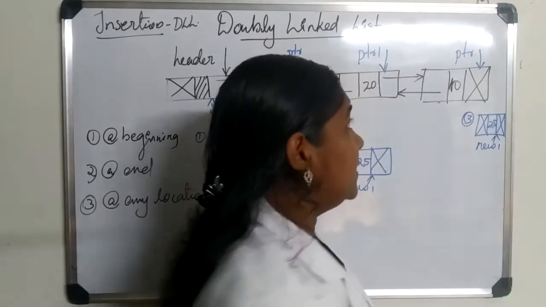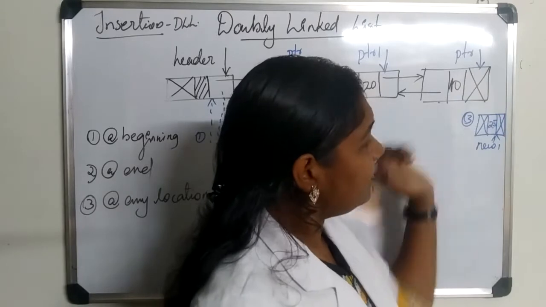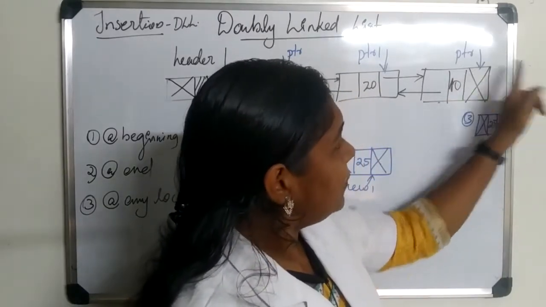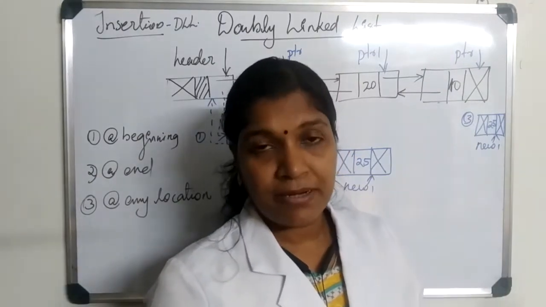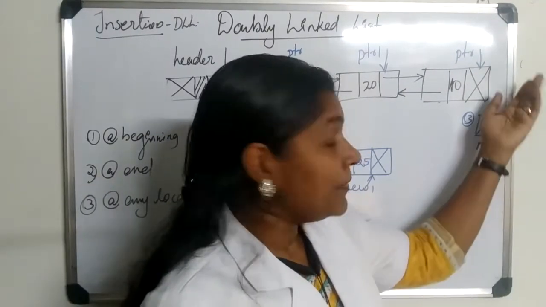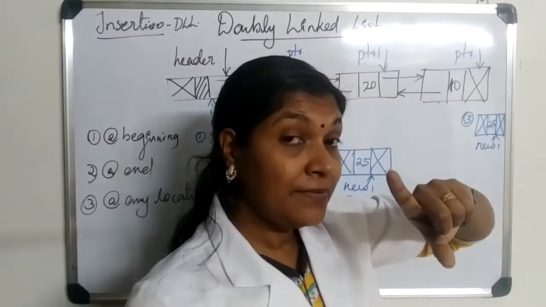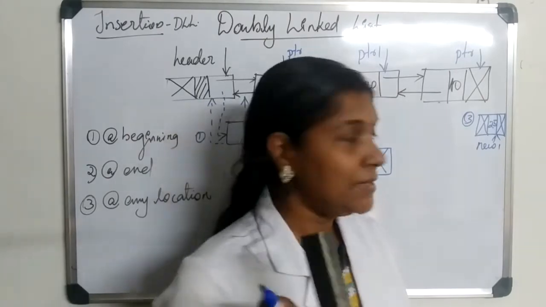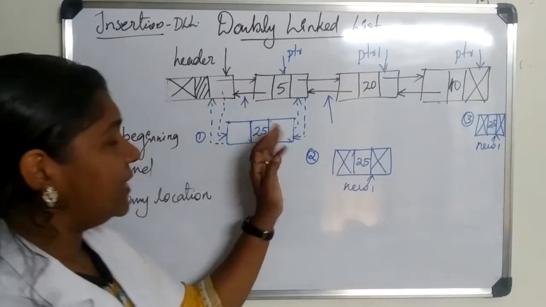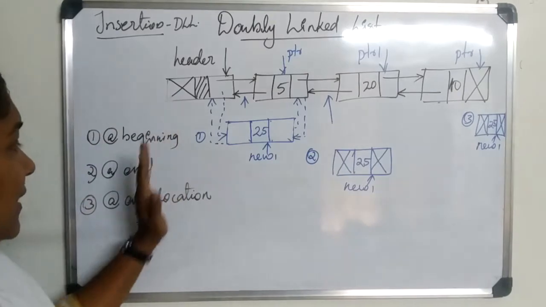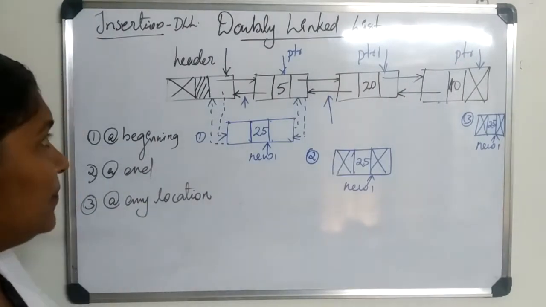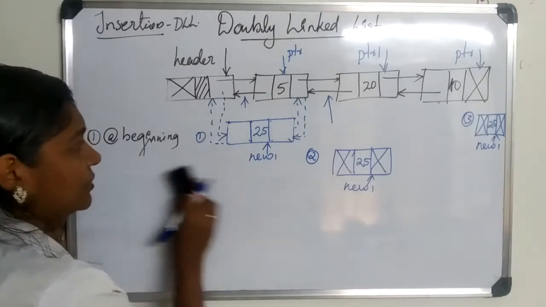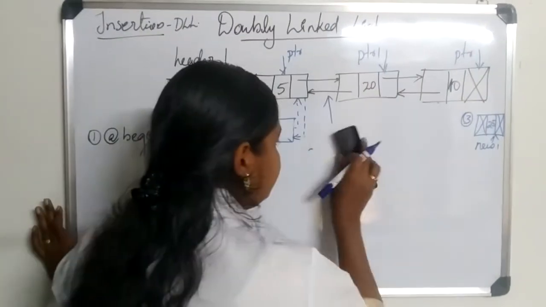We need to manage the next link of PTR and the previous link of new one. In single linked list, what we did was PTR.next is equal to new one. That was the only part we handled. But here, one more pointer we need to manage, that is new.previous is equal to PTR. So these are the operations which we are going to perform in insert at beginning, end and any location. So let's move on to our first piece, that is insert at beginning. We will consider the code also.